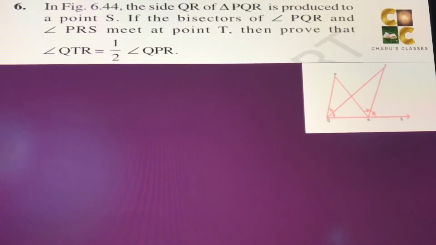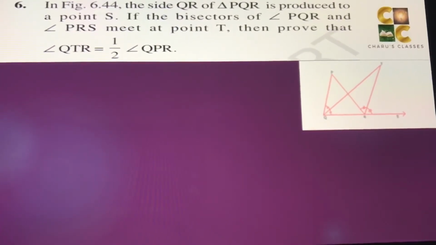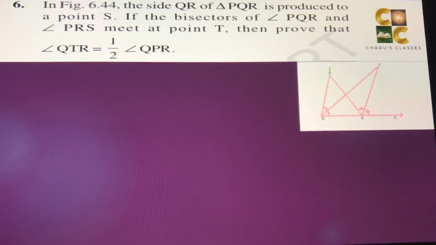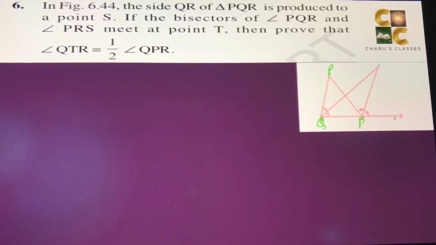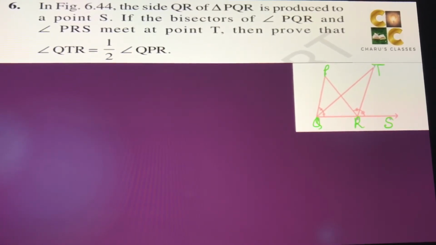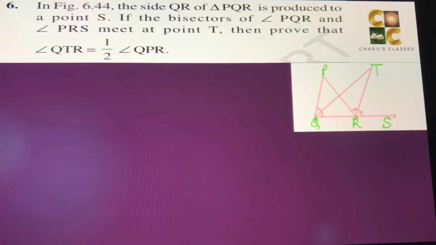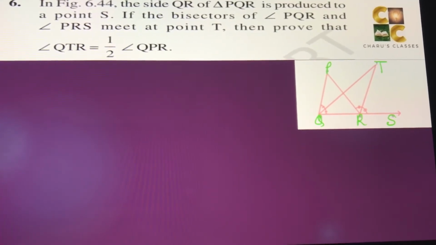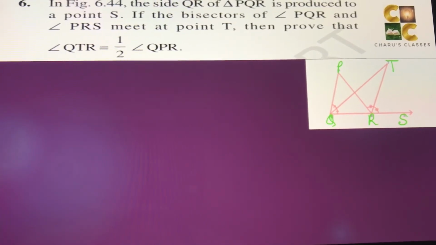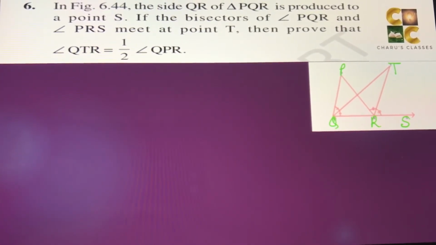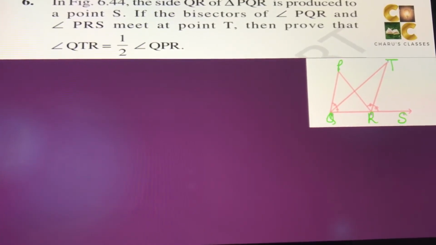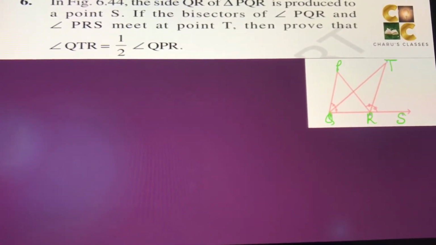Question number 6. In figure 6.44, the side QR of triangle PQR is produced to a point S. If the bisector of angle PQR and angle PRS meet at the point T, then prove that angle QTR is half of angle QPR. So if you see the bisector of angle PQR, the bisector is this line QT.